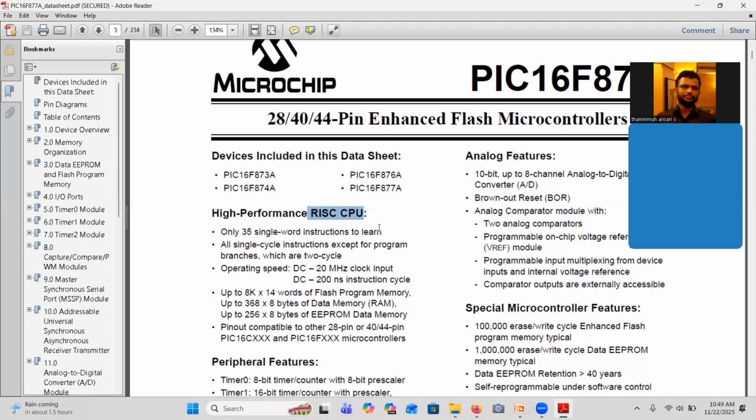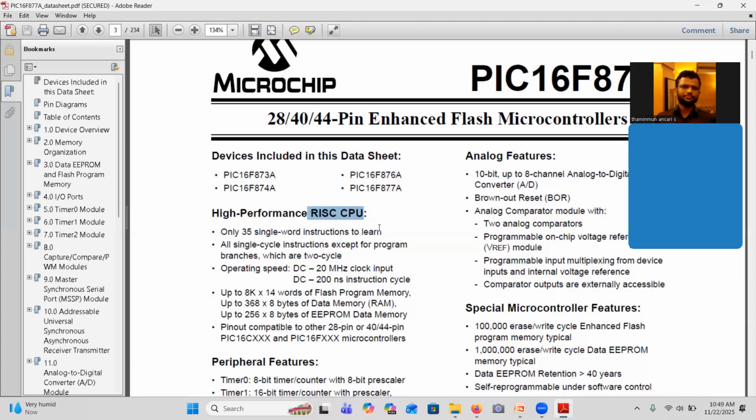The instruction set, the mnemonics that you have to learn, is only 35. As we have 35 keywords in C, this RISC instruction set has 35 single word instructions.